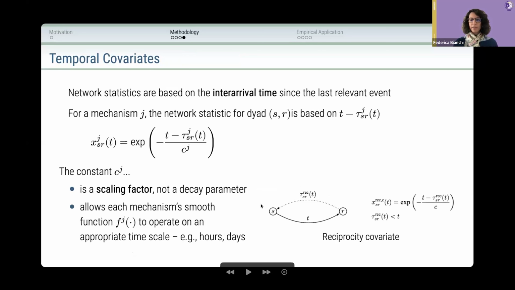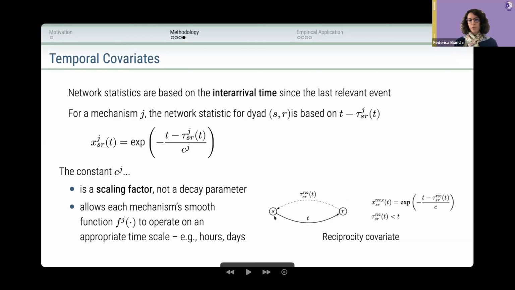As Martina did before, we can take reciprocity, a direct type of reciprocity involving a pair of sender and receiver, as an example. So the reciprocity network statistic is represented here.